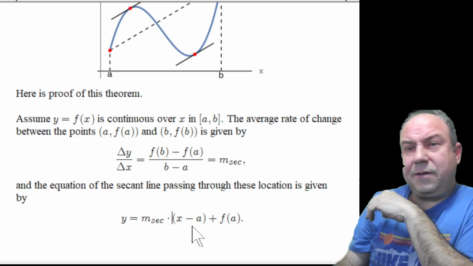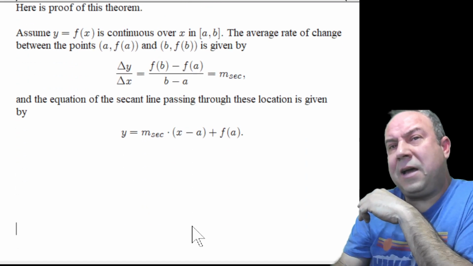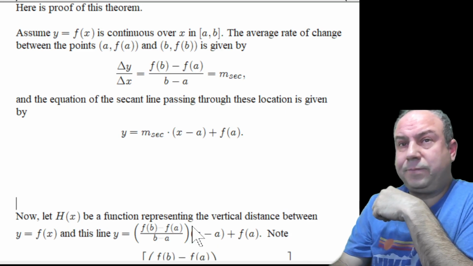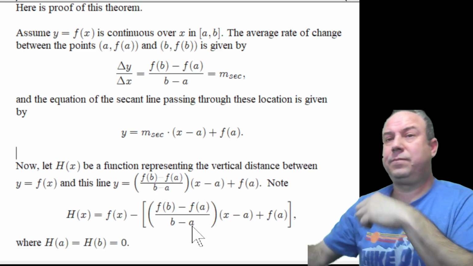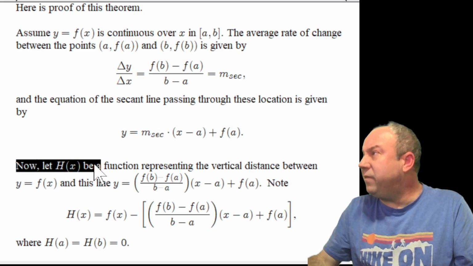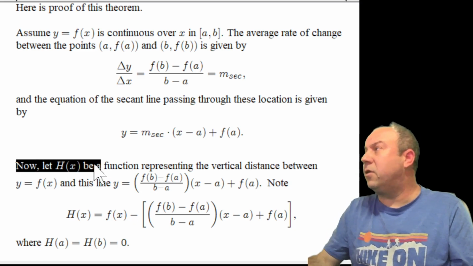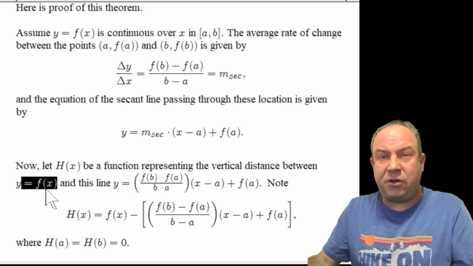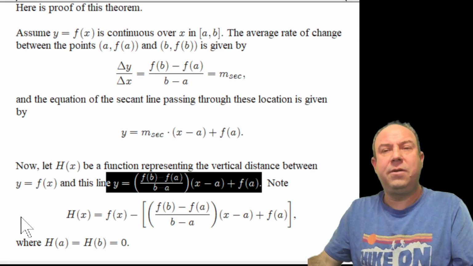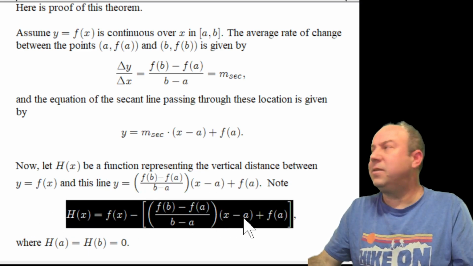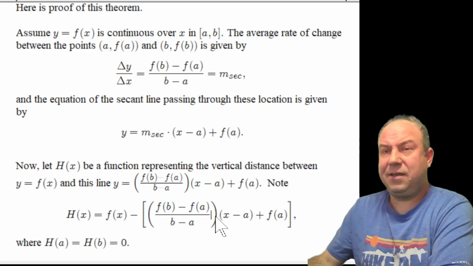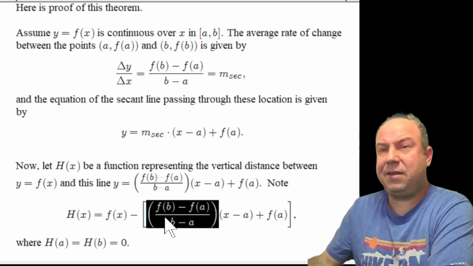And if that's the slope of the secant line, what we will then be able to do with that slope is, if we let h of x be a function representing the vertical distance between our function and this line, where we note h of x would be f of x minus this line. Now let me change this around.